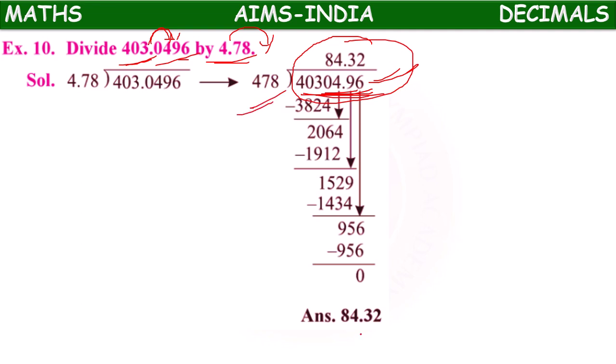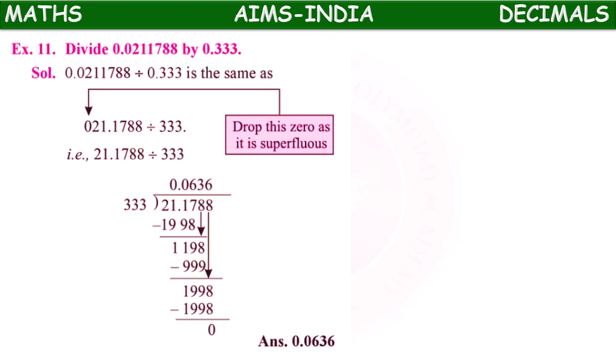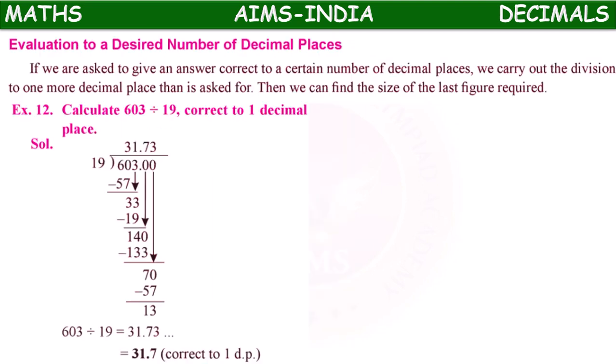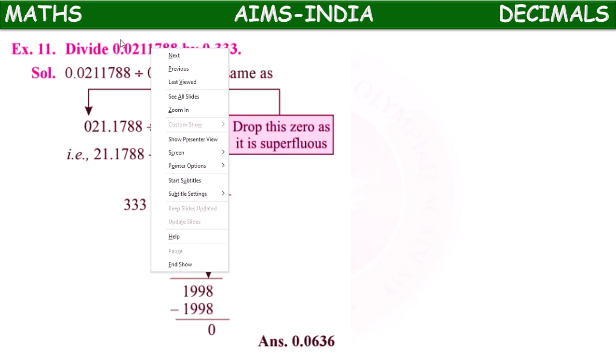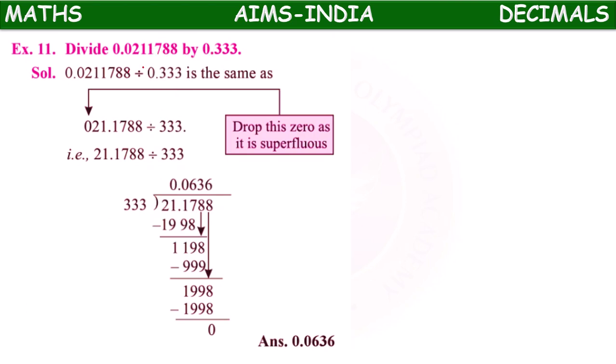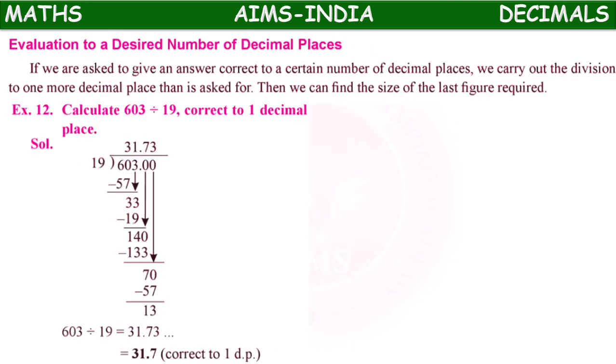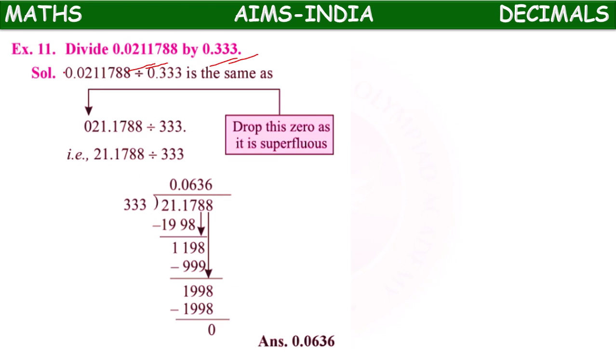In the same way, we can do the division and you will get the answer. Okay children, that's all for today. This example is there; you can practice it later, children.